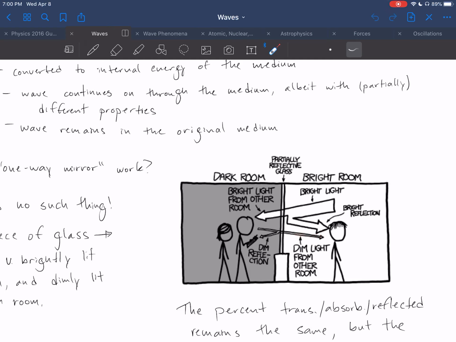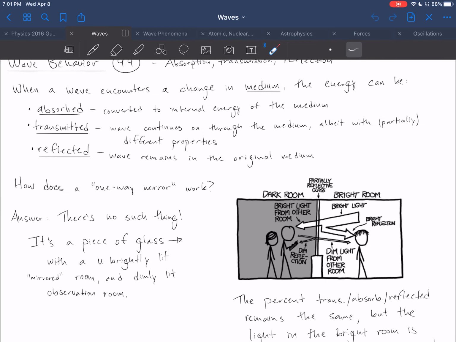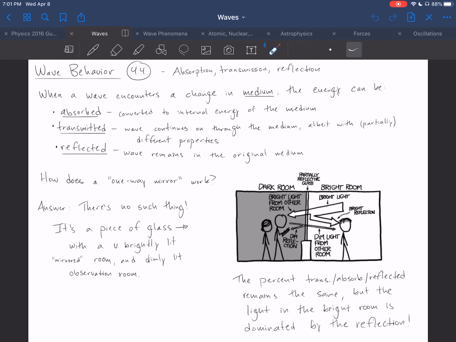So even if you assume that the reflected light is, let's say, 75%, or sorry, 25% of the total light, so only 25% is reflected, that is still a much brighter source from the perspective of the person in the bright room than the dim light coming in from the dark room. So the percentage transmitted, absorbed, and reflected remains the same, but the light in the bright room is dominated by the reflection.